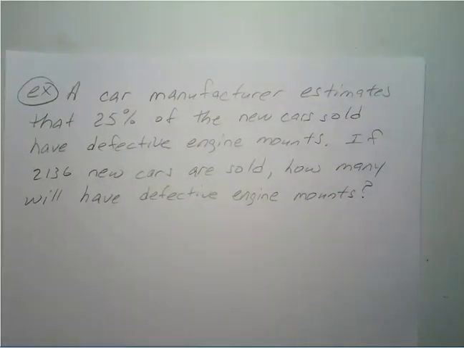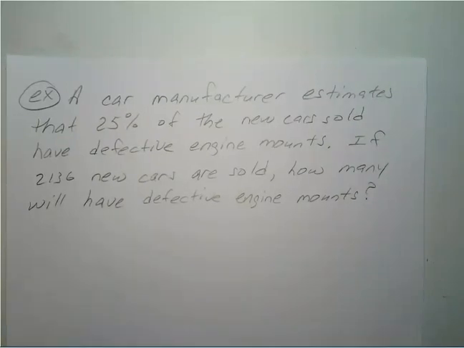So let's say a car manufacturer estimates that 25% of the new cars sold out of a certain plant have defective engine mounts. Now, if 2,136 new cars are sold, how many will have defective engine mounts?